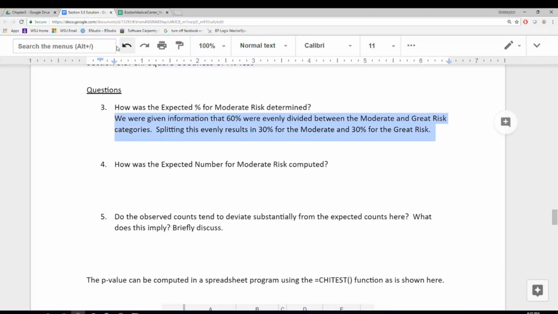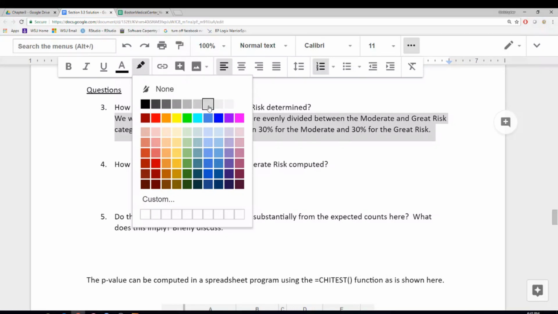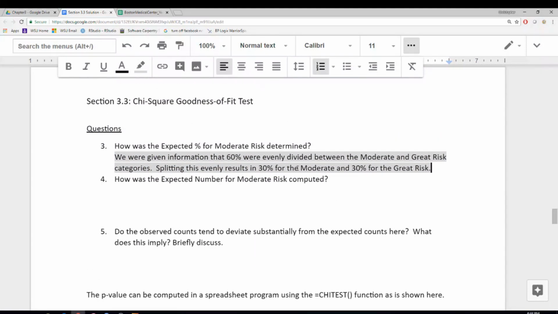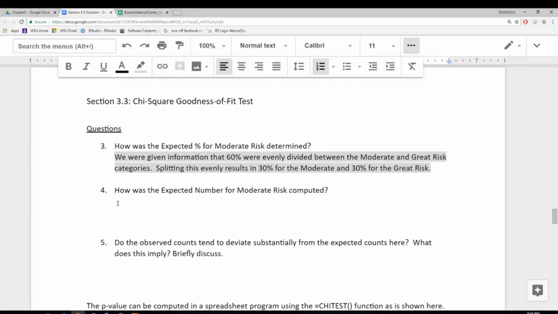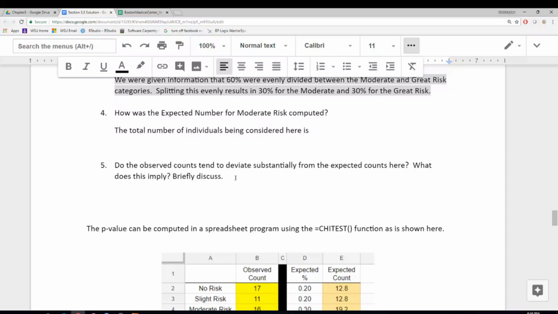How about the next question there? How is the expected number computed? Well, here I need to take the total number of individuals being considered here, which is, what was that total again? 64.